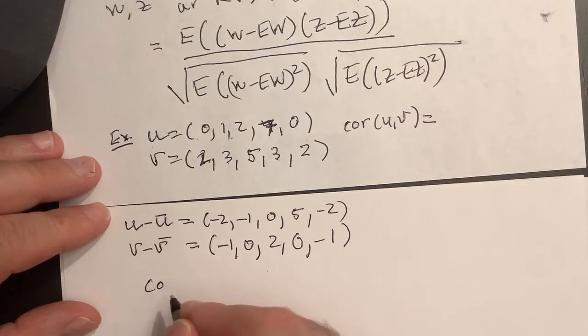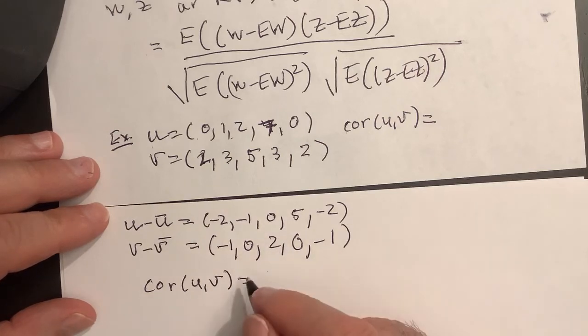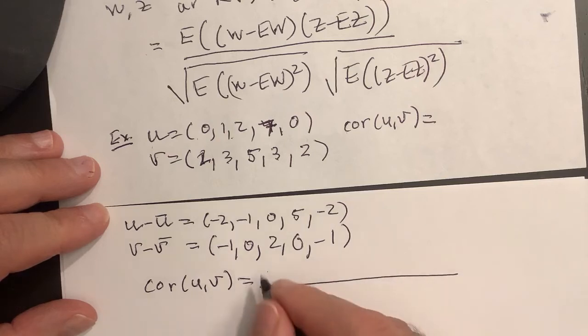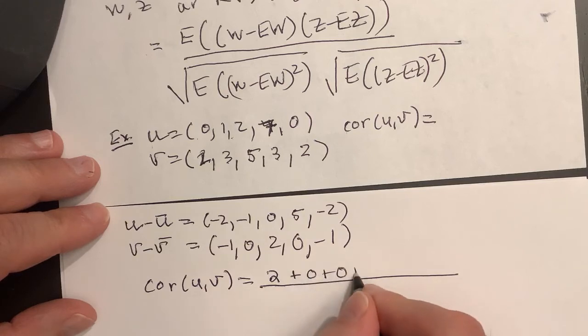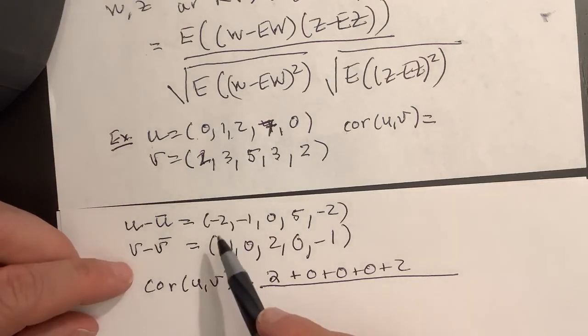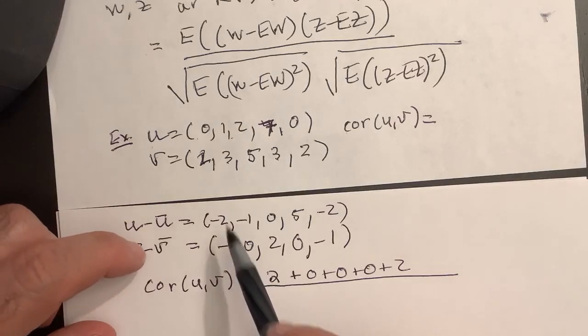And the correlation of u and v is equal to, I take the pairwise products in the numerator, so I get 2, 0, 0, 0, plus 0, plus 0, plus 0, plus 2 on the top. And in the bottom, here I'm squaring each and taking the square root.